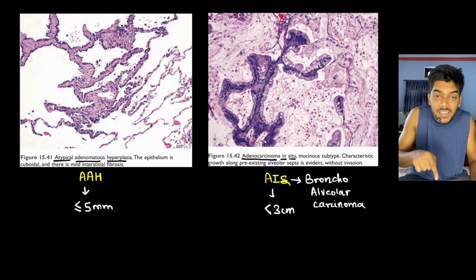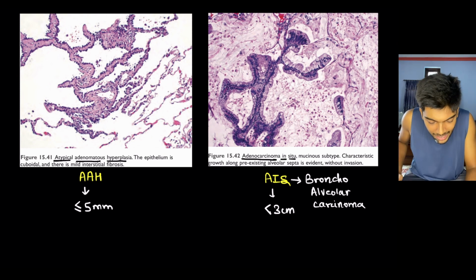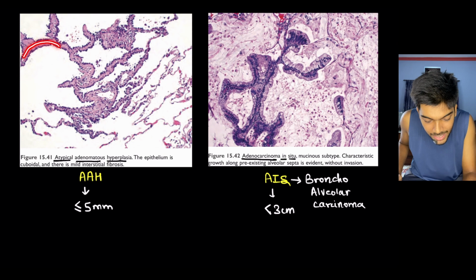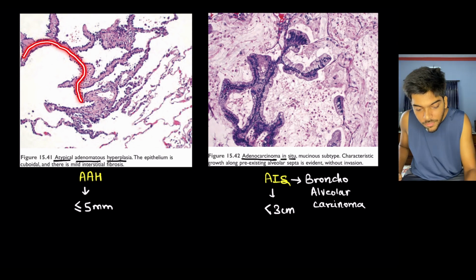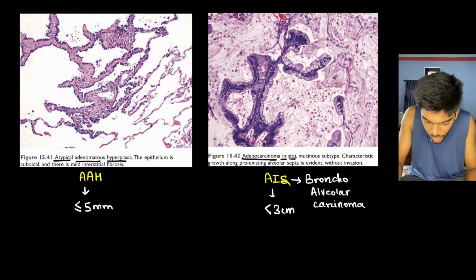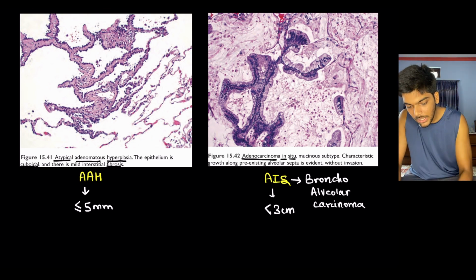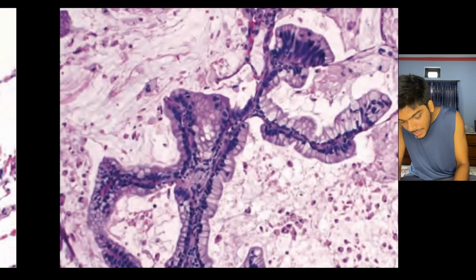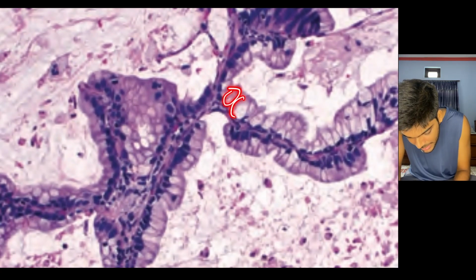But in this case, since there is formation of precursor lesion, what happens? In atypical adenomatous hyperplasia, the septa is lined by cuboidal cells along with fibrosis. In case of adenocarcinoma in situ, the septa is lined by mucus-filled cells.